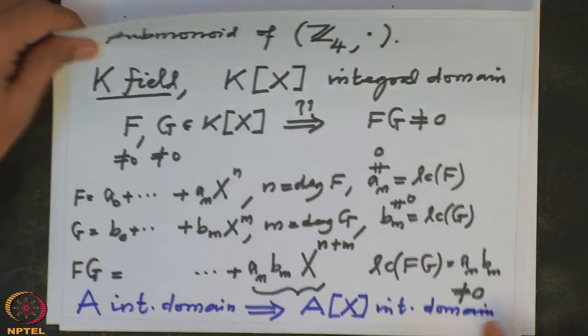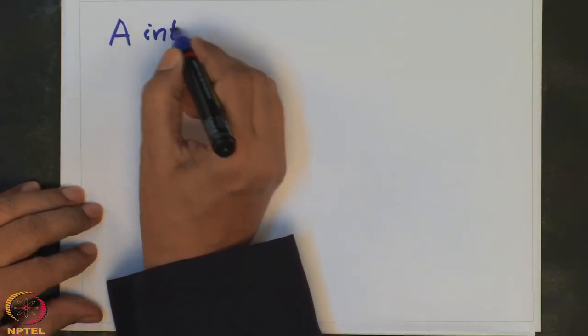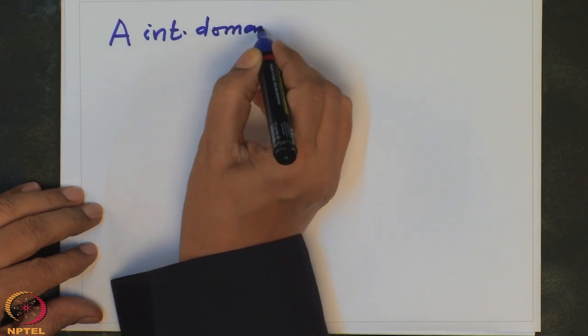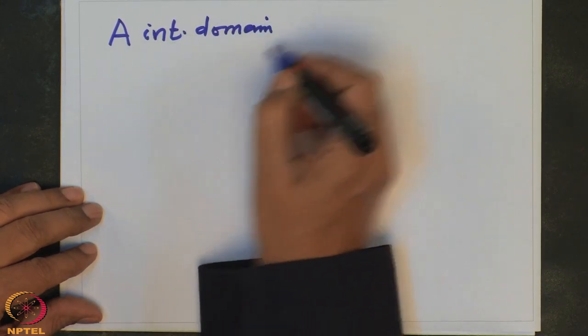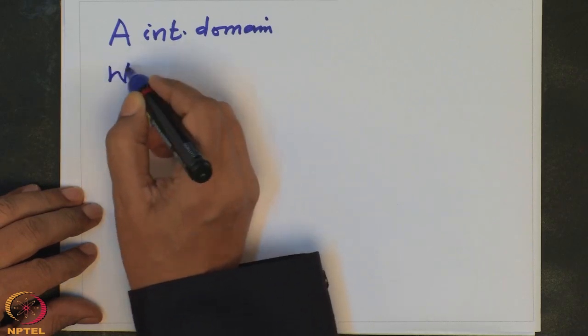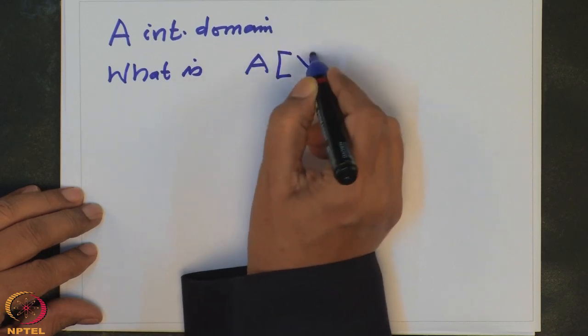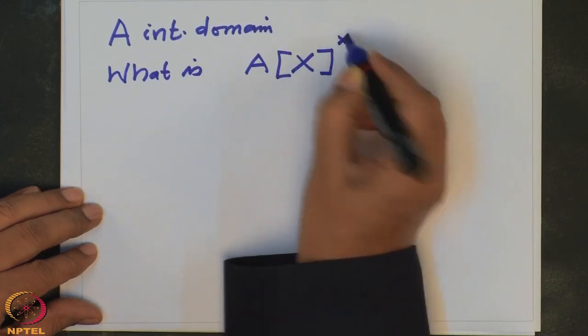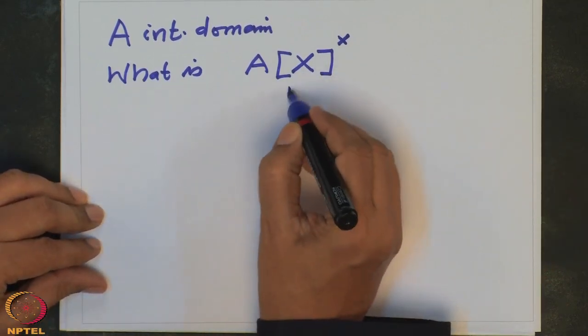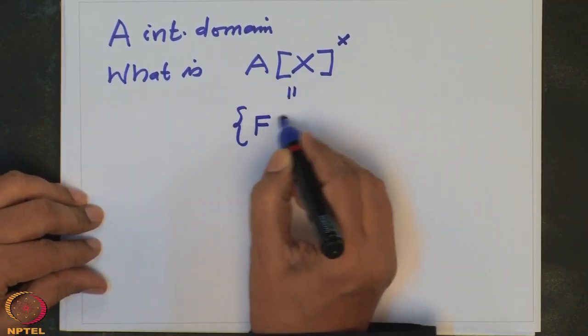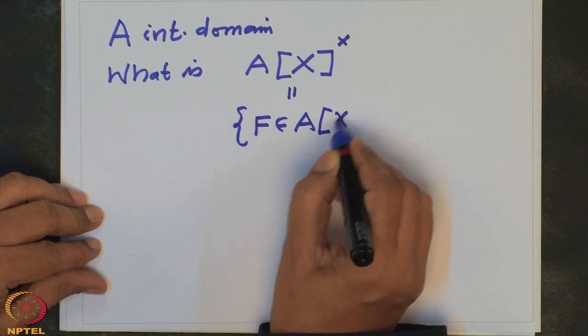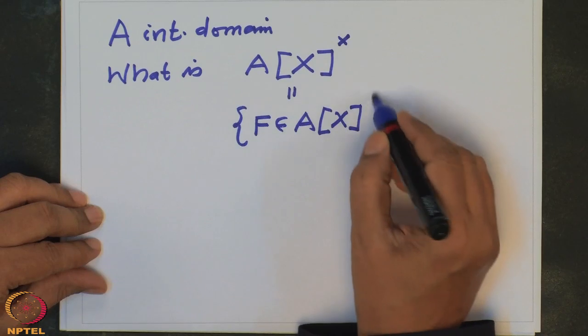Then what about the unit group in this case? That is also very easy now. So just let us check that if A is an integral domain, then what will be the unit group of A[x]? That means what is this set? This set is precisely all those polynomials f with coefficients in A such that f is a unit in A[x].